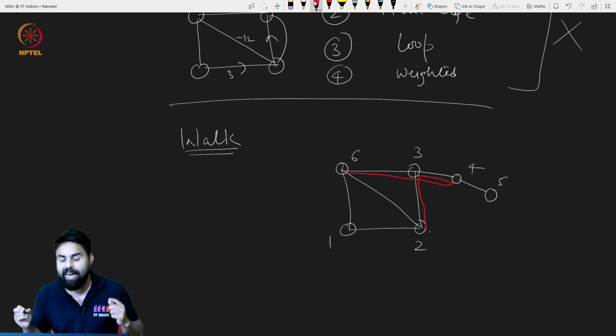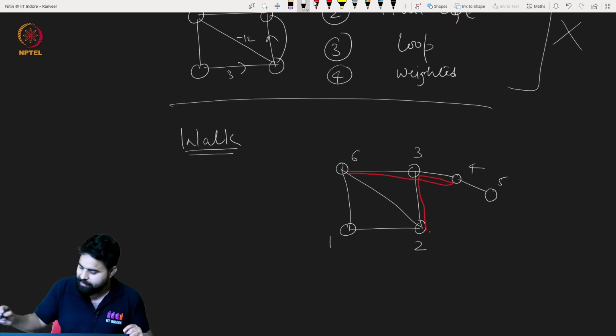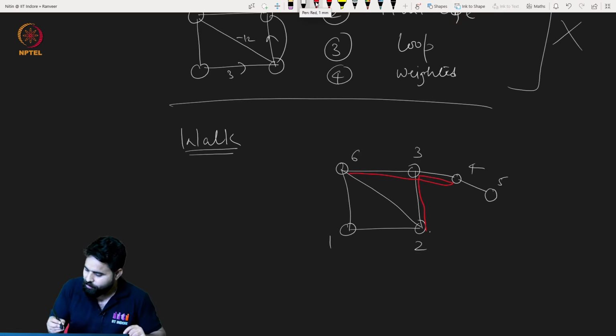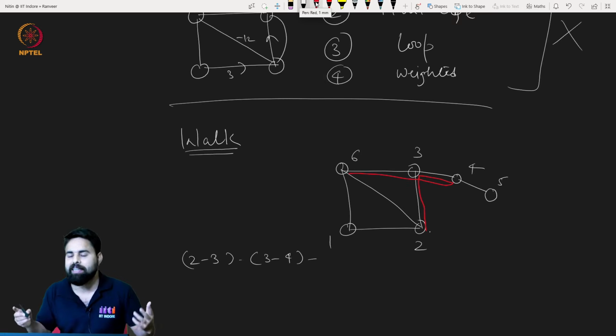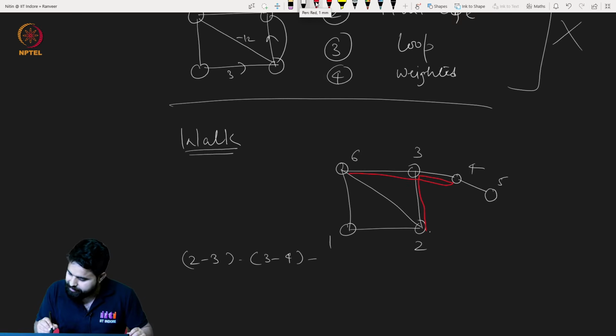This is a sequence of edges: 2 3, then 3 4, and then again 4 3. 3 4 and 4 3 are the same thing, but I'm writing it the way it comes back. And then 3 6.